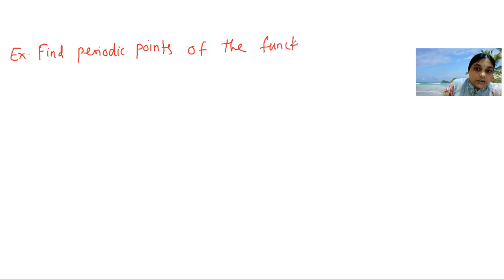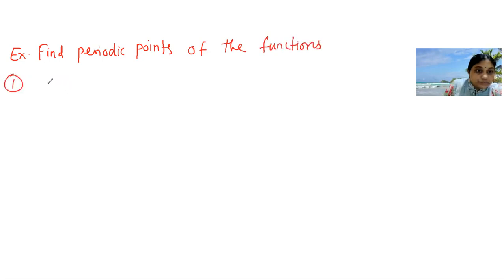So we'll take some examples. Find periodic points of the following functions.